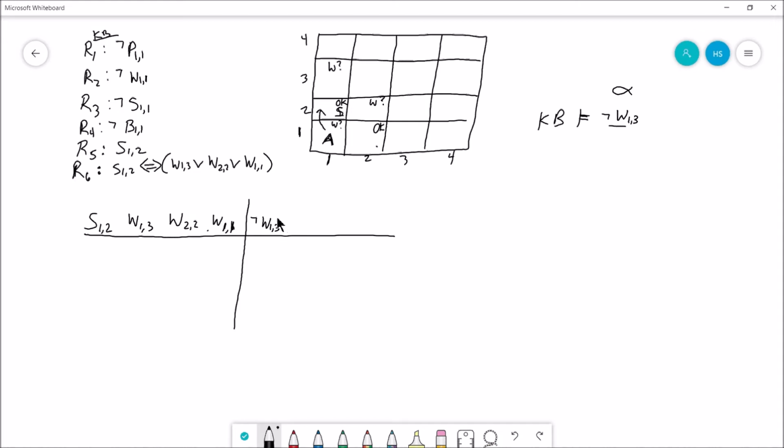And so it'll have to hold for every possible world. Now each row within the truth table is going to represent one of the possible worlds, one of the possible configurations. Each one of these is going to be one of the models for the world. Okay, so we got that, and then we'll have to evaluate this, or W22, or W11.